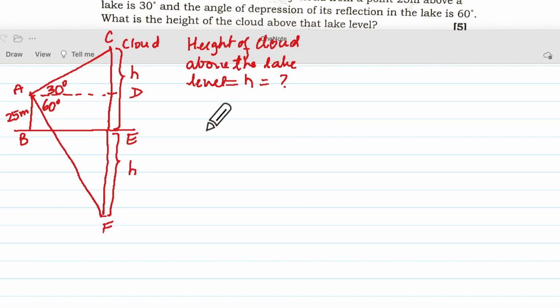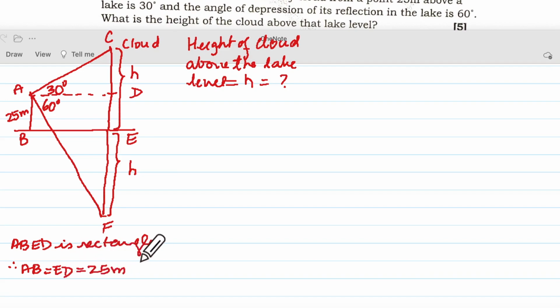Okay. Now, what do we know? ABED is a rectangle. Therefore, I'll have AB equal to ED equal to 25 meter, since opposite sides of a rectangle are equal.